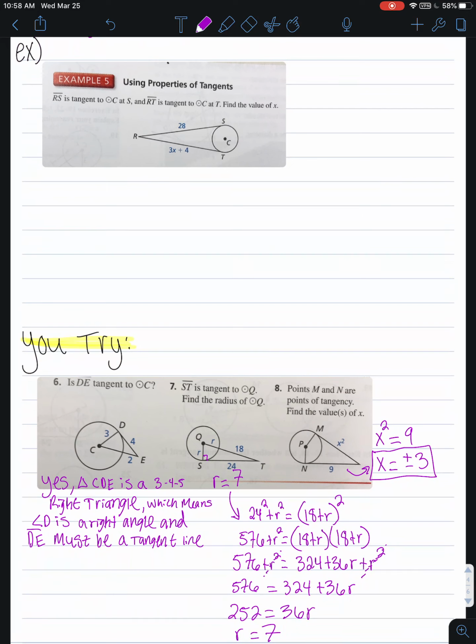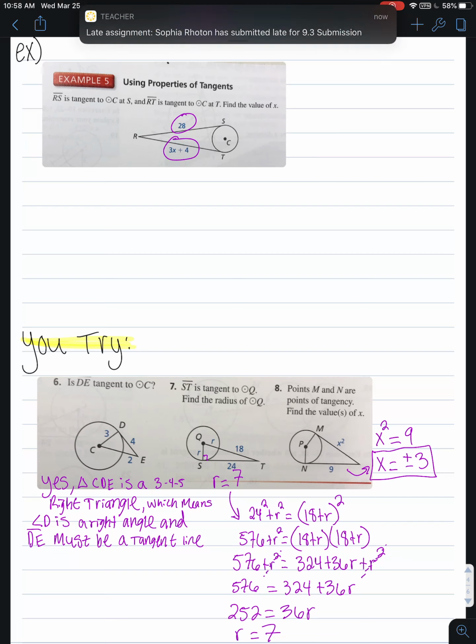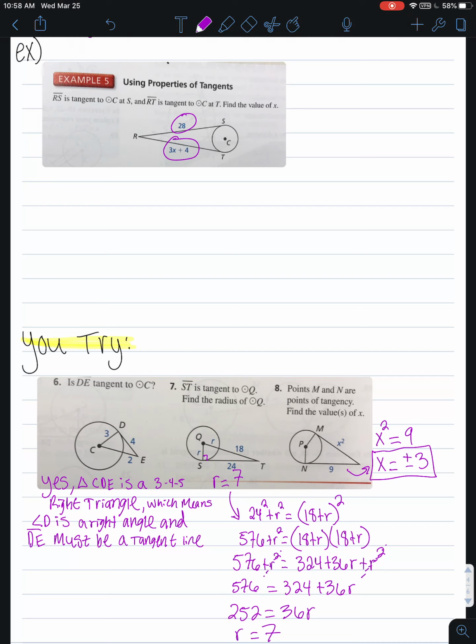All right, now on this one, we're going to use properties of tangents. This is that theorem 10.2 we're going to be able to use now, because it's telling us that RS is tangent to the circle C, and RT is also tangent to the circle. So because of that, we can use that 10.2 theorem that says that these two must be equal because those are tangent segments.